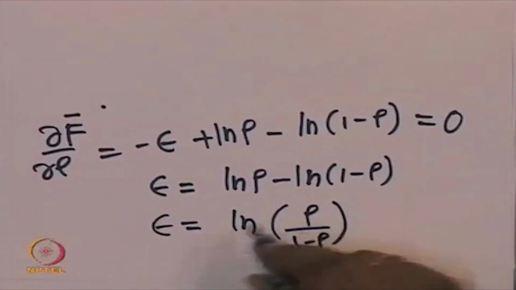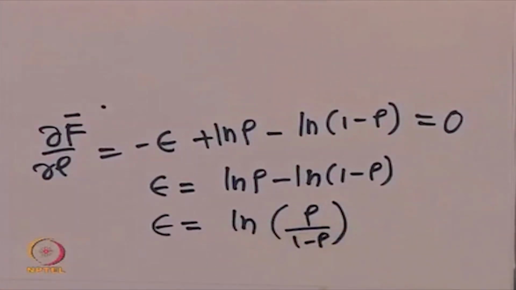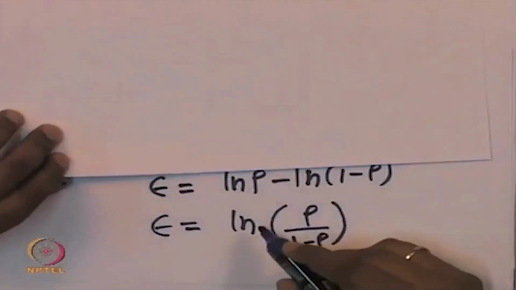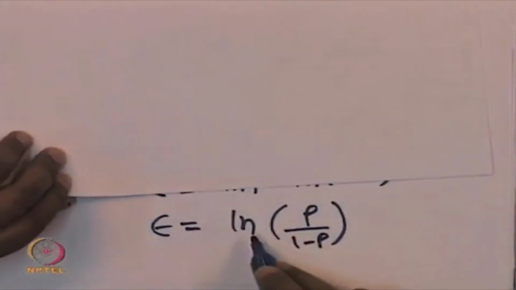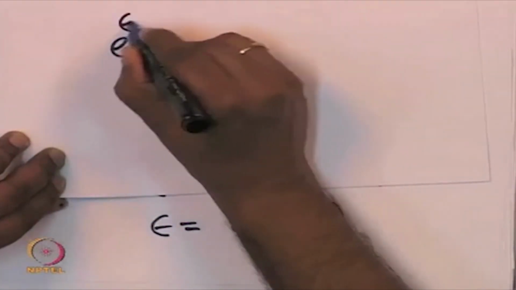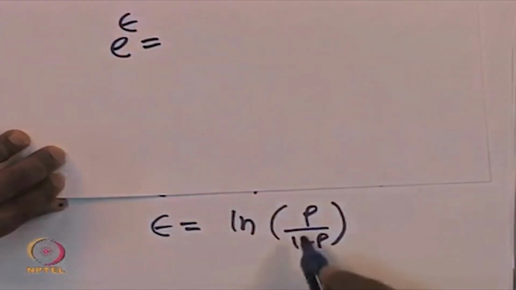So, there is a relation between energy and density, and you can invert this. Let us exponentiate this: e power epsilon is equal to rho by 1 minus rho.